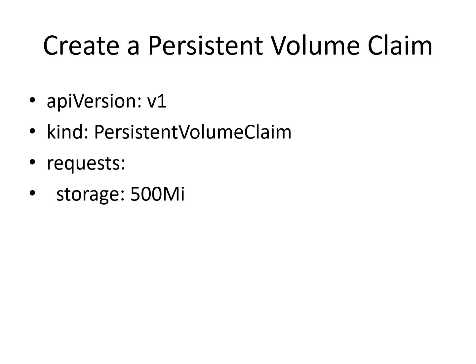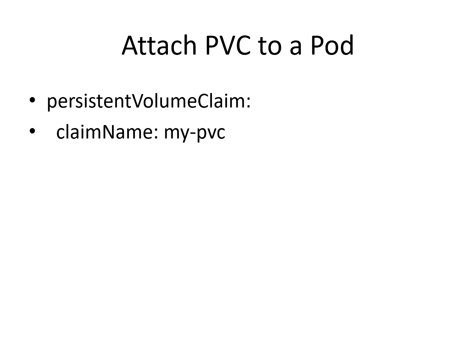Now we'll see how we are creating a volume claim. Again, API version is v1. Kind will be what we are creating, PersistentVolumeClaim. In this, the request that we are creating should have a storage of 500 megabytes. Now, when we need to attach the PVC to a pod, we use persistentVolumeClaim and then the claim name, myPVC.